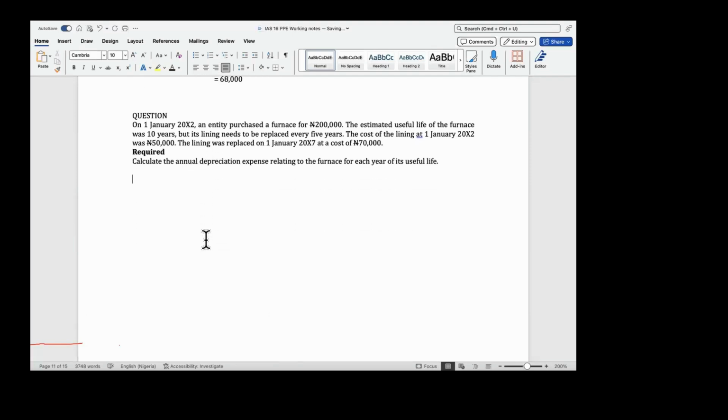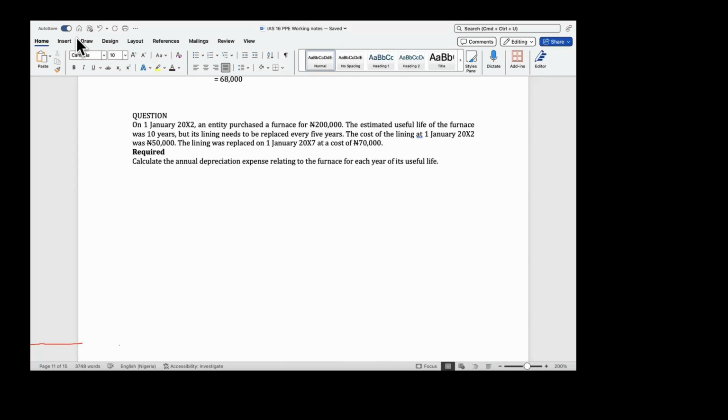On 1st of January 2002, an entity purchased a furnace for 200,000 naira. The estimated useful life of the furnace was 10 years, but its lining needs to be replaced every 5 years. The cost of the lining at 1st of January 2002 was 50,000 naira.